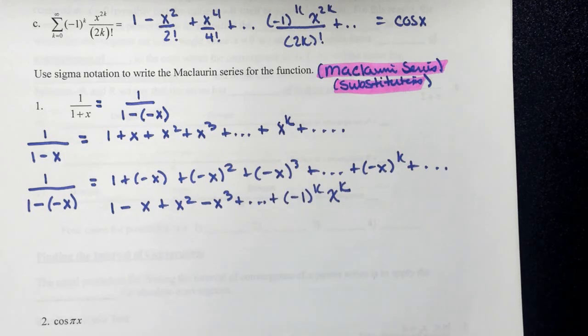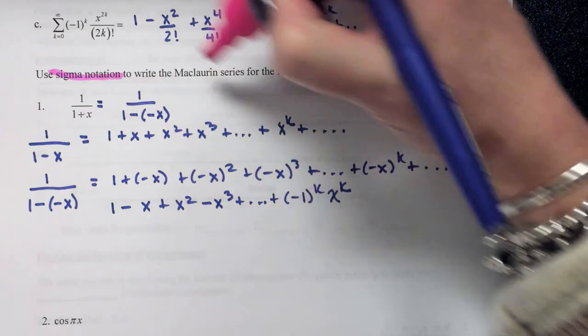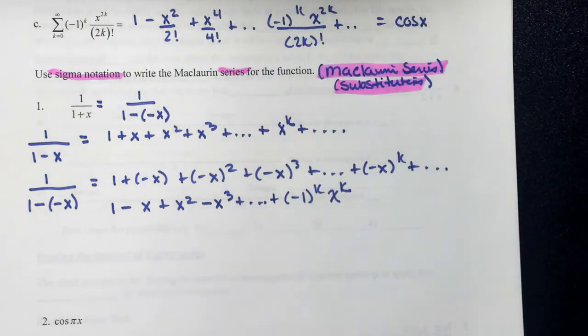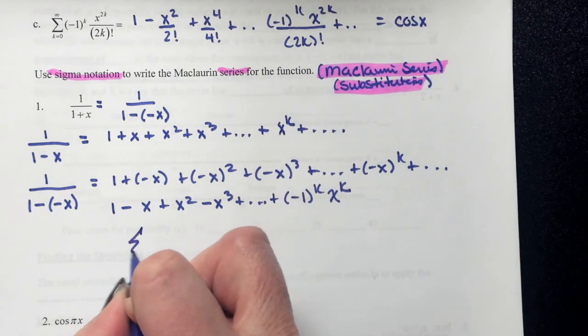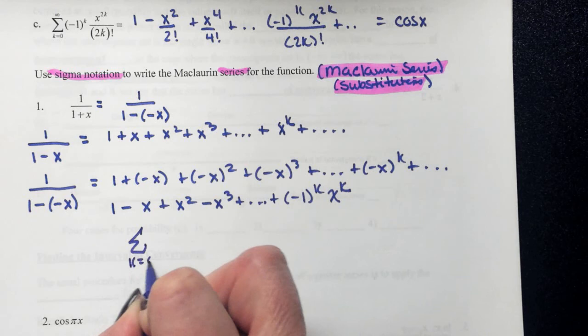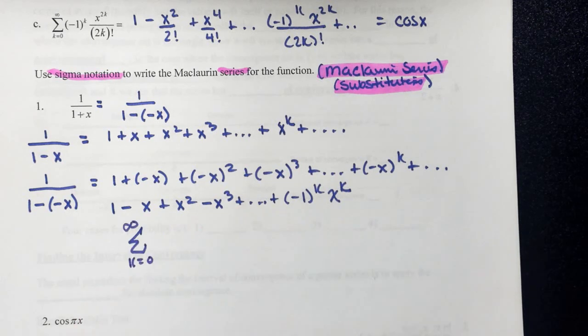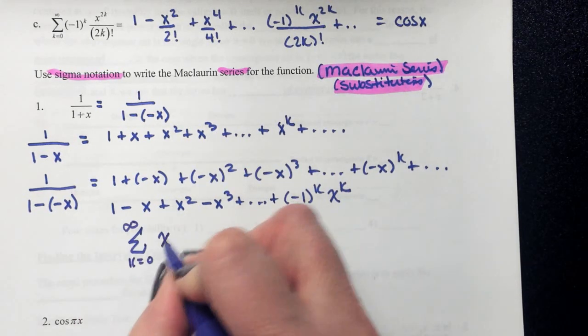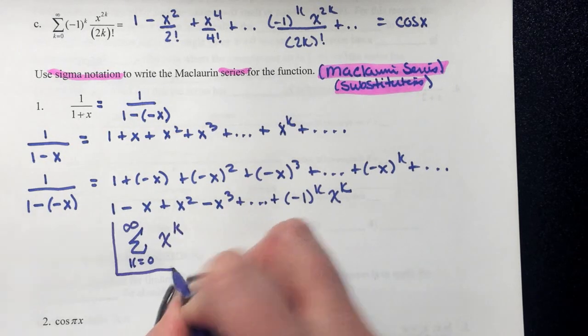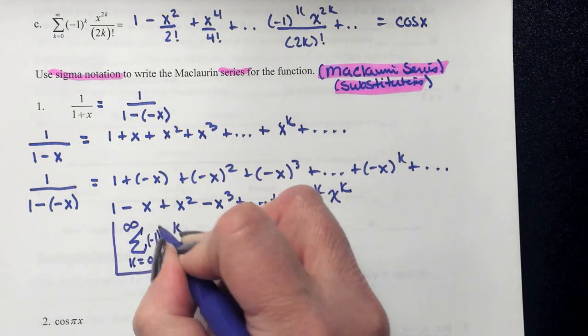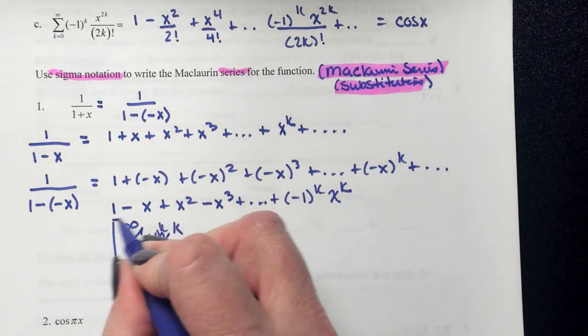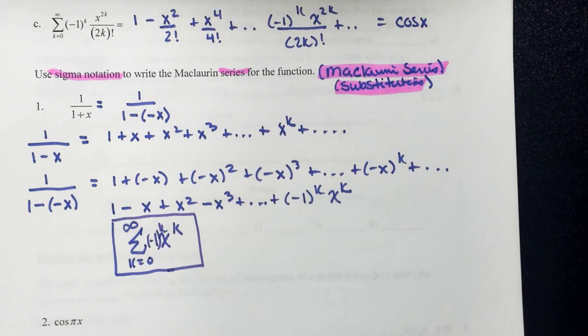So then we want to use sigma notation to write the series. In sigma notation, this is going to be equal to the sum from k equals 0 to infinity. Again, make sure that upper index is infinity, x to the k, with your alternator negative 1 to the k. Okay? So that's how you can use a Maclaurin series.